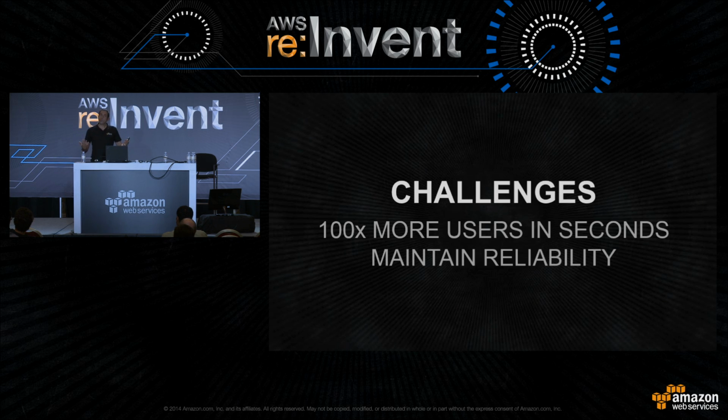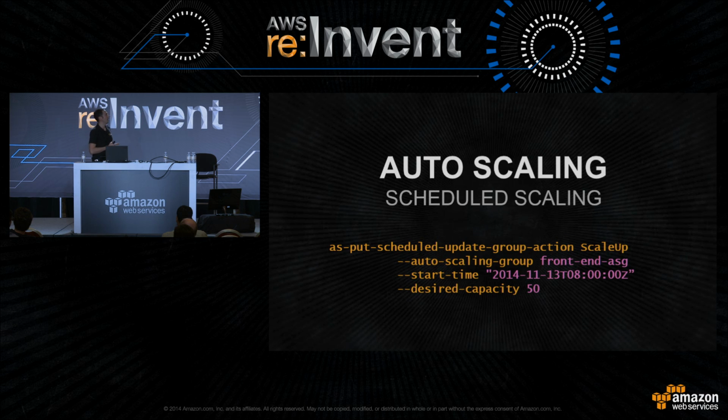When the game starts, you have to scale to probably 100 times or sometimes 2,000 times more than the users you usually have on your application. And while doing this, you have to maintain reliability, because obviously you don't want to lose any data, right? So the first one, regarding scale: something that is often overlooked is that AWS Auto Scaling can allow you to have scheduled scaling.